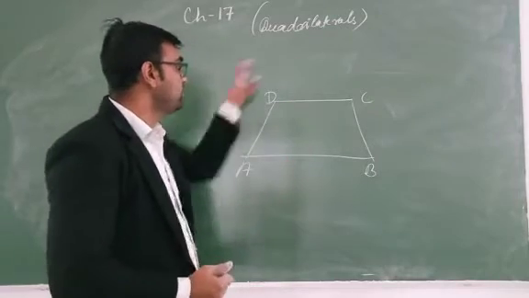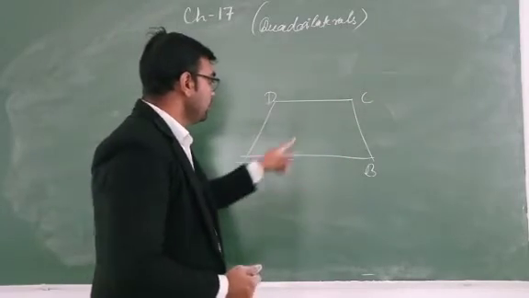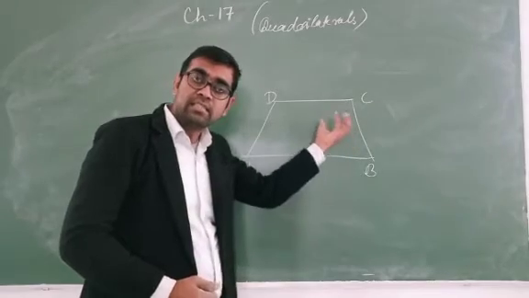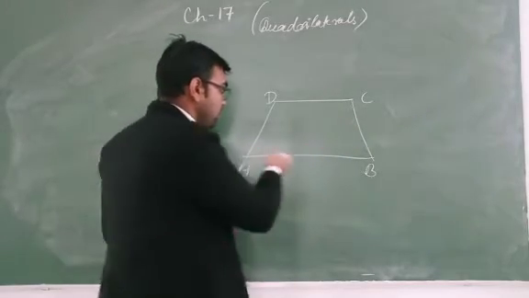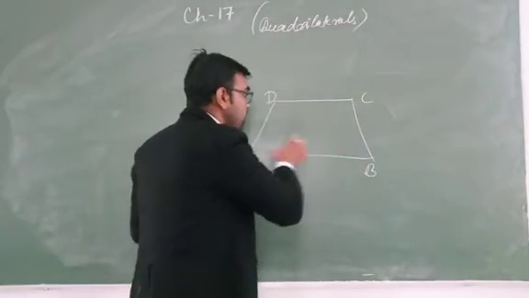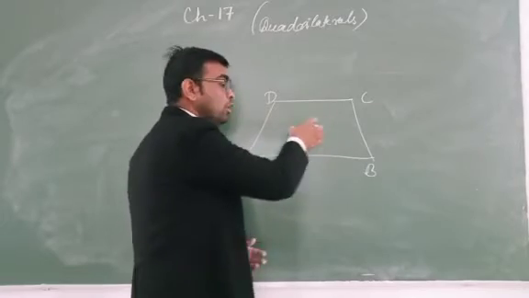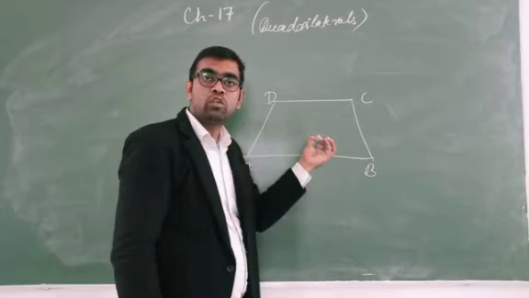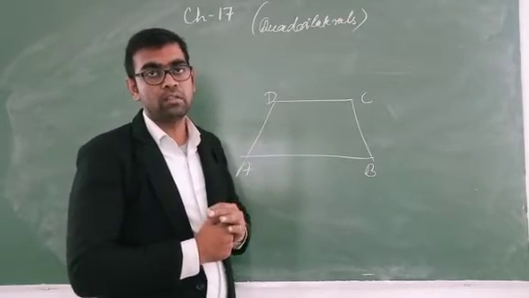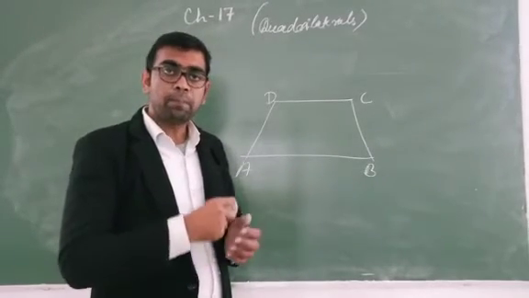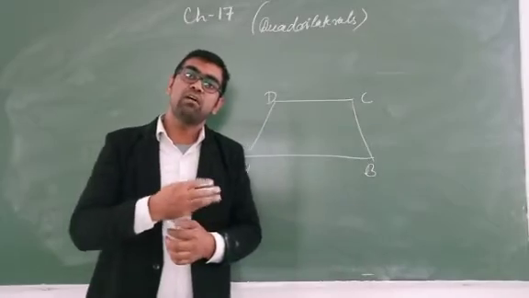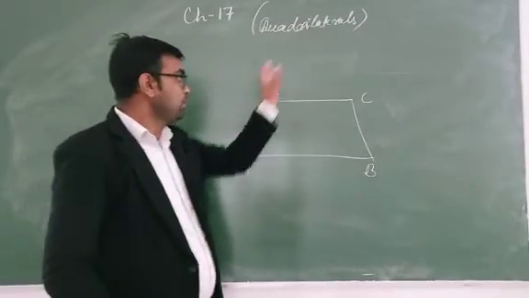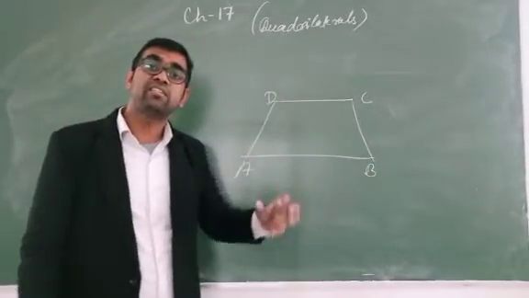So on this board, this ABCD is a quadrilateral. This whole part of the board which lies inside the quadrilateral is said to be the interior part of the quadrilateral. And the part of the plane which lies outside of the quadrilateral is said to be the exterior part.